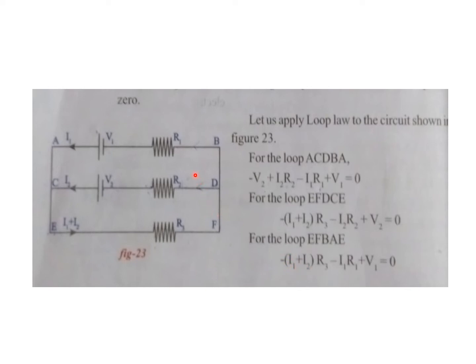As you move forward, the potential drops further, by minus I1 R1. After reaching the battery, the potential increases, so the sign is plus. So for the loop EFBAE, the voltage equation is minus of I1 plus I2 into R3 minus I1 R1 plus V1 equals 0.